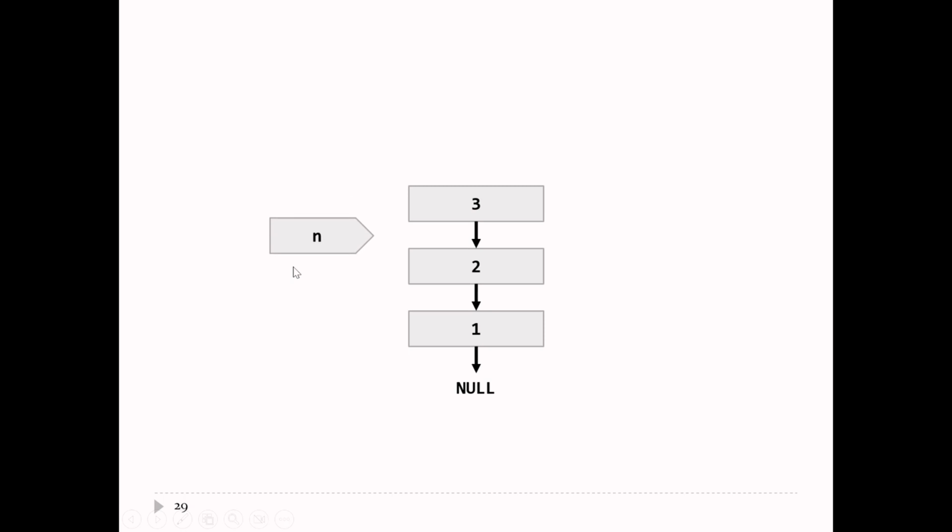So that just moves n to point at the next node. Is it null? No. Do something with n. Then follow the link to go to the next node. Is n null? The answer is no. Do something with n. Then follow the link to get to the next node. Now n's null, so the loop stops running. Don't use n for anything here, otherwise you'll try to dereference a null pointer.